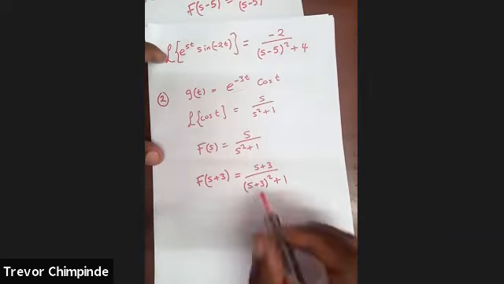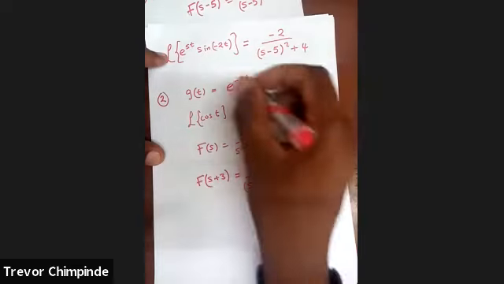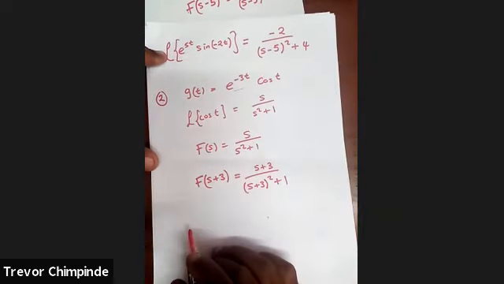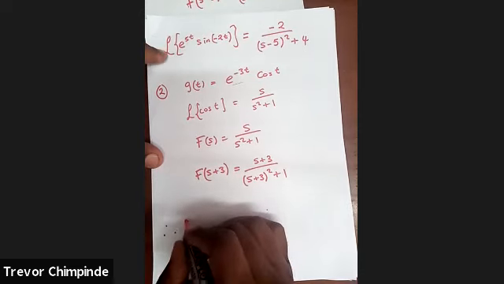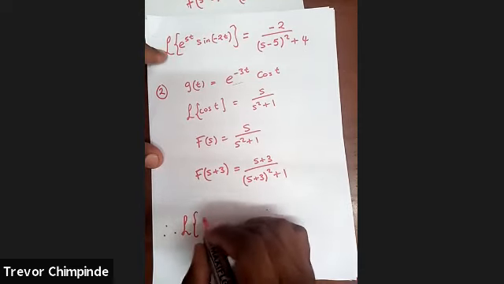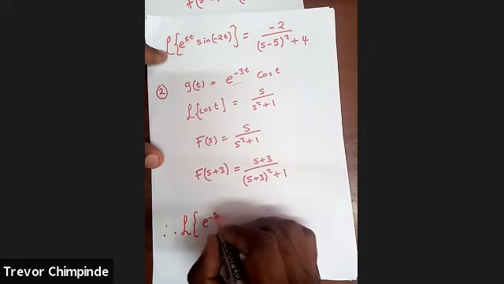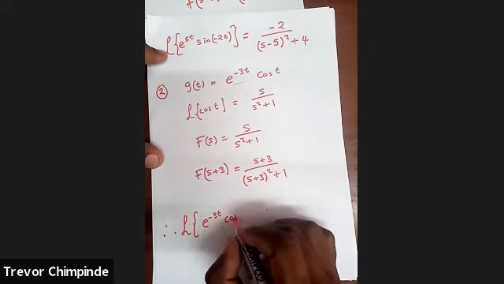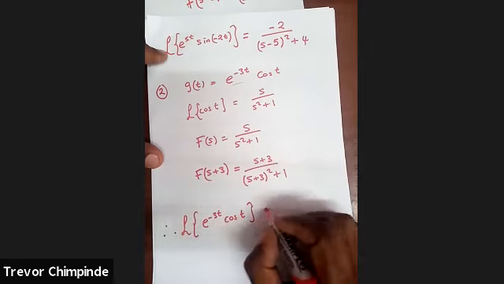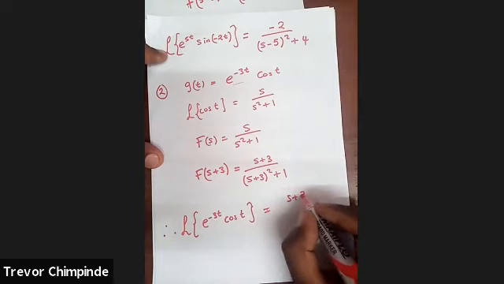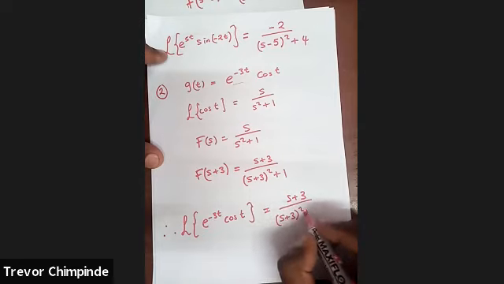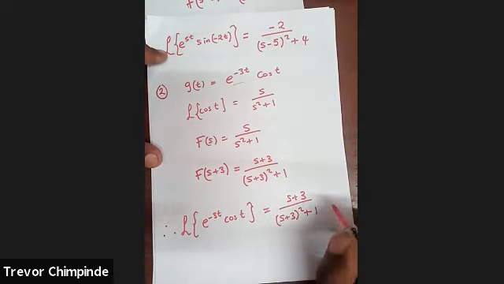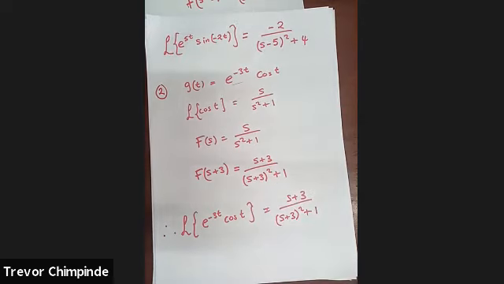And the theorem tells us that this is the Laplace of this product. Therefore, the Laplace transform of e to the minus 3t cosine of t is s plus 3 over s plus 3 squared plus 1. So this is 1 squared, which is 1.